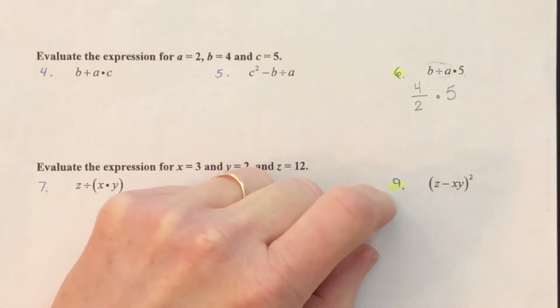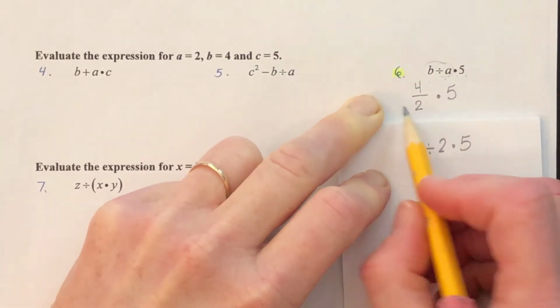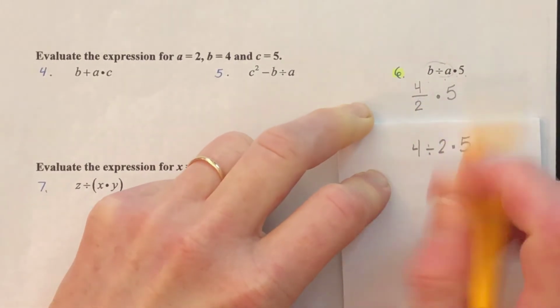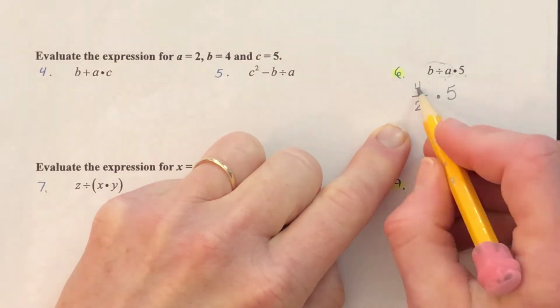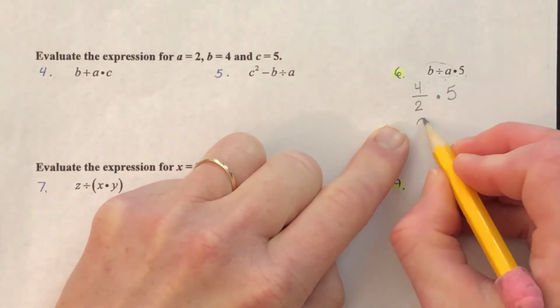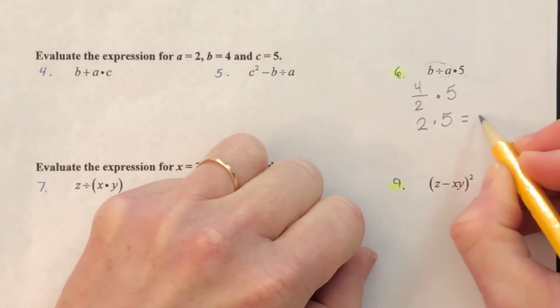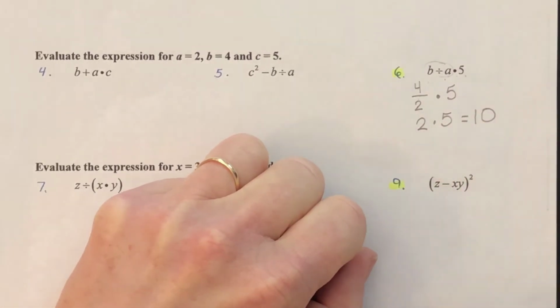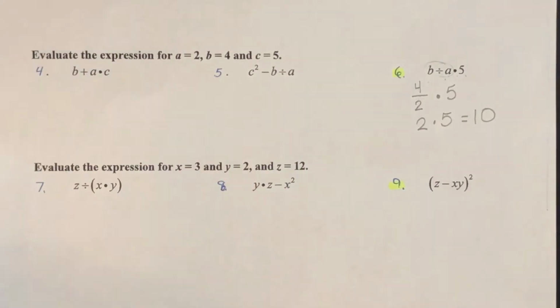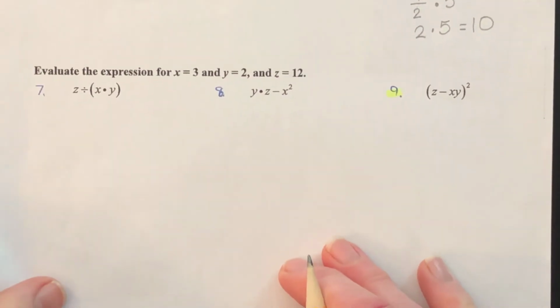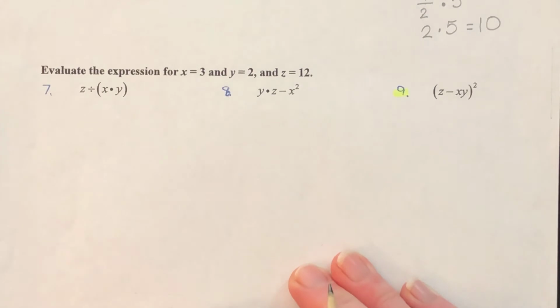Regardless of how you set it up, you go left to right, so you do the division first. 4 divided by 2 is 2 times 5 gives us 10. And down to 9.